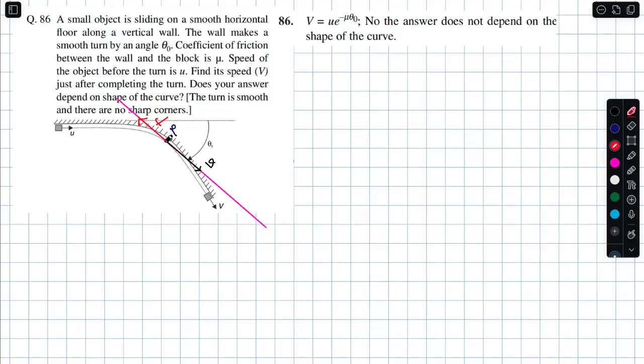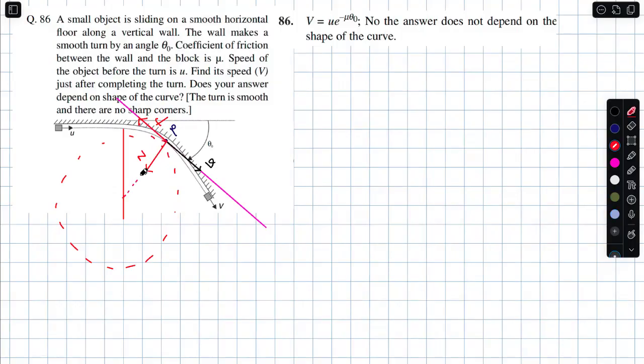Remember, this might be some curved surface. At this point, this is how your normal reaction force will be. Remember, it started here. From here, curvature starts.